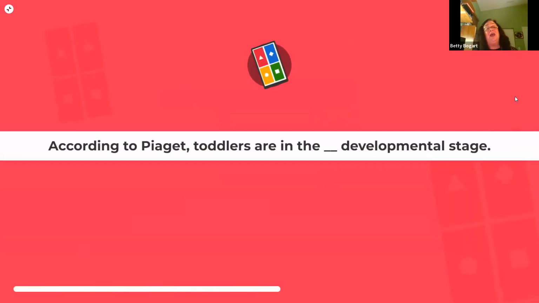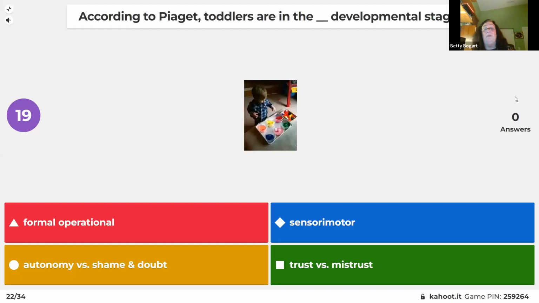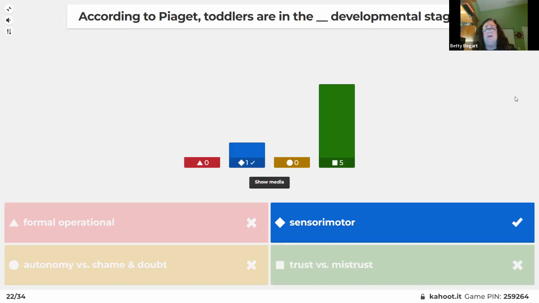According to Piaget, toddlers are in the what developmental stage? Now we're going to learn more about this next week. I'm just introducing you into these things that you are going to see. Now, if we have studied or we know autonomy versus shame and doubt and trust versus mistrust is Erikson, okay?